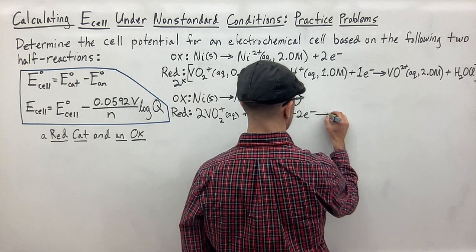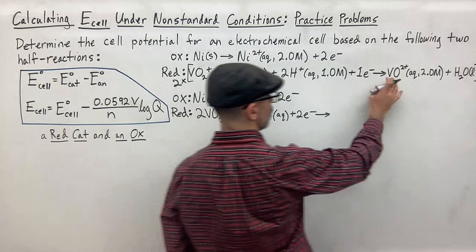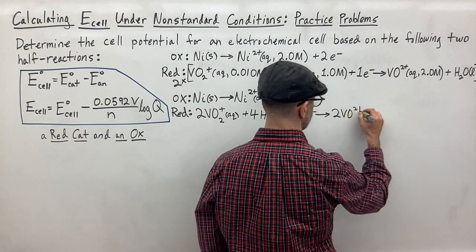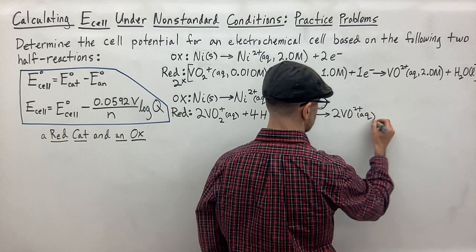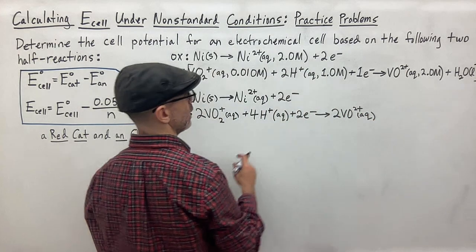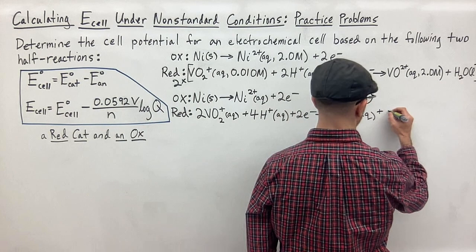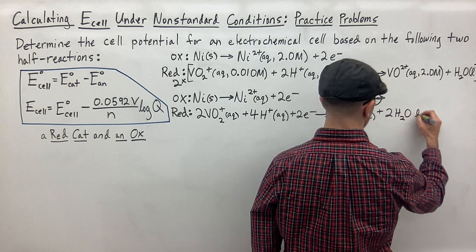And then that's going to give rise to, so we have 2 times 1 over here is 2, so we're going to have 2 VO2+ aqueous. And then finally, 2 times 1 over here is going to give us 2 water molecules, 2 H2O liquid.